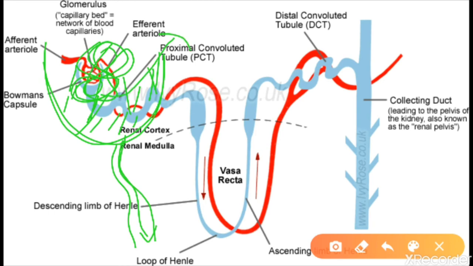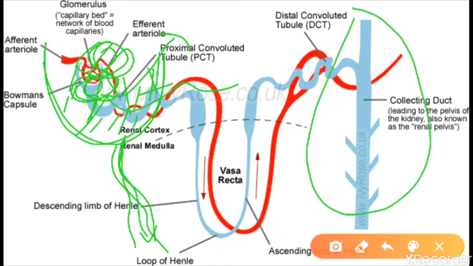But the ones which are small in size pass through the PCT and DCT. After that we have our collecting duct, where the waste material is transferred.